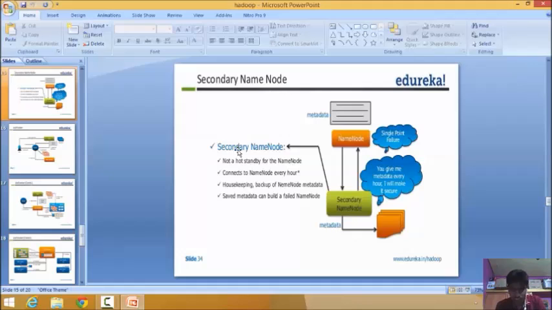In the very first version of Hadoop, the secondary name node connects to the name node every hour. See here, the secondary name node asks, give me the metadata every hour, I will make it secure. It makes a backup of the data from time to time. That is the role of the secondary name node.